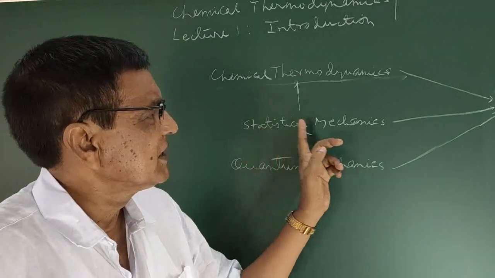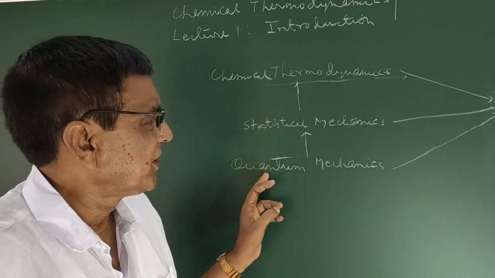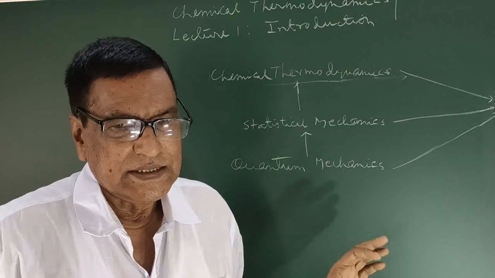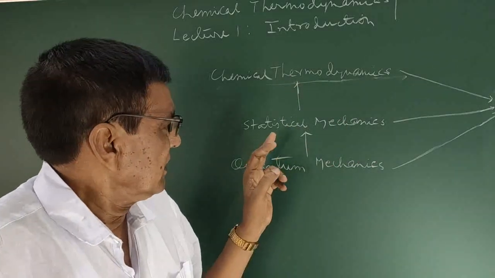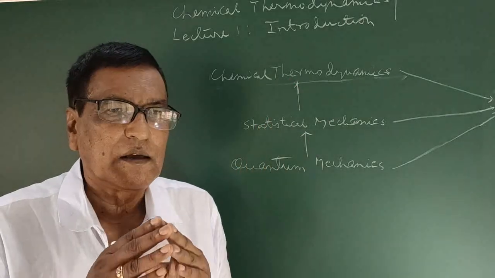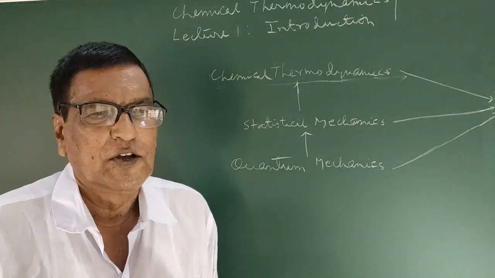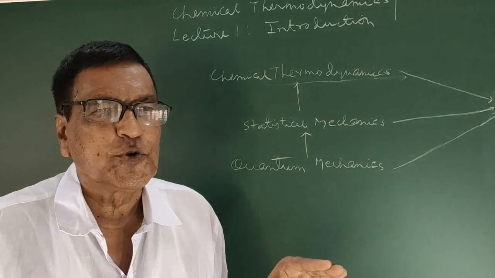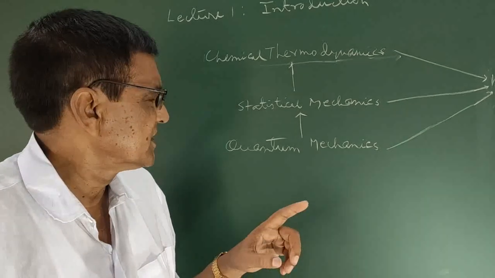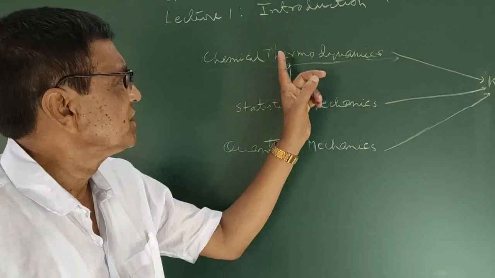So statistical mechanics makes a bridge between quantum mechanics and thermodynamics. The thermodynamical macroscopic properties are explained on the microscopic properties obtained from molecular motions in quantum mechanics. So this one makes a bridge between these two.